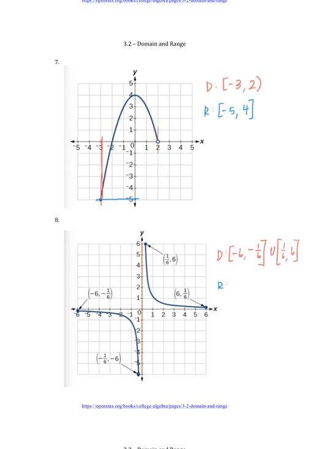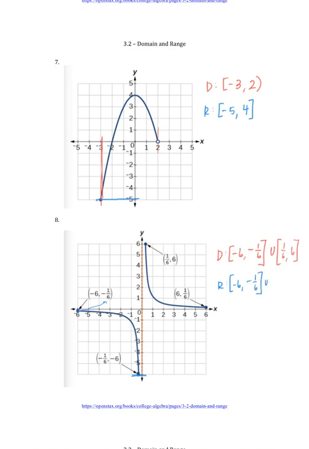Okay, so the range, we're looking bottom to top. So the bottommost value is here, so that's a -6 with a bracket. And you don't go all the way up to the topmost value yet. Remember, you have 2 separate pieces. So this first piece goes until here, and the y value associated with that is -1/6.